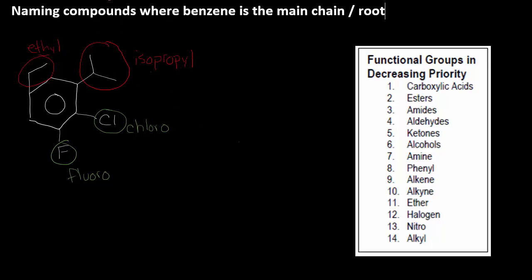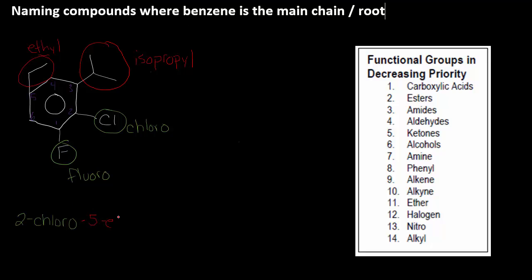So again, benzene is the root here. Benzene is the main chain, so I need to number it. The fluorine and chlorine, those are halogens. They need lower numbers than the alkyl groups do, so carbon 1 is down at the bottom in this case, and it starts with fluorine. Go alphabetical, C before F, so 2-chloro.